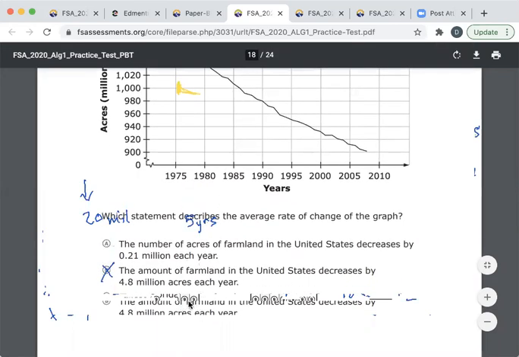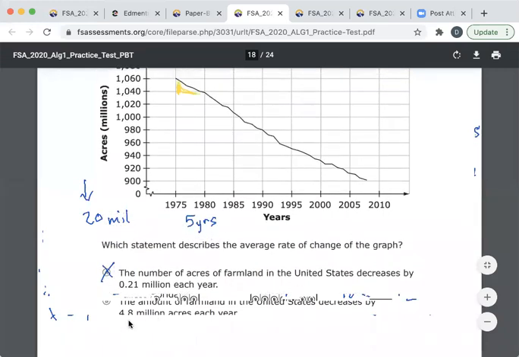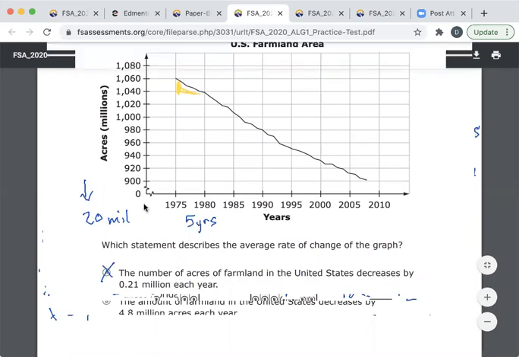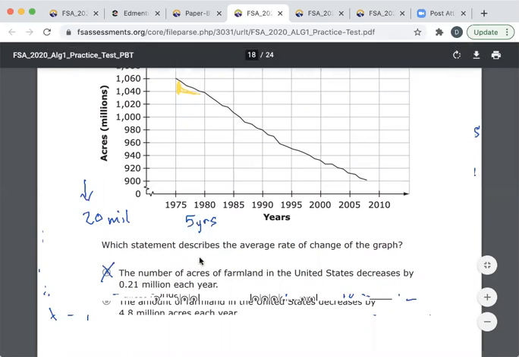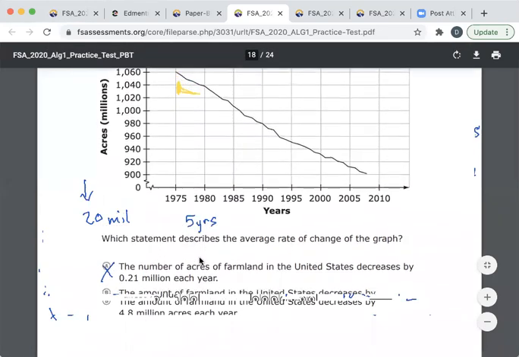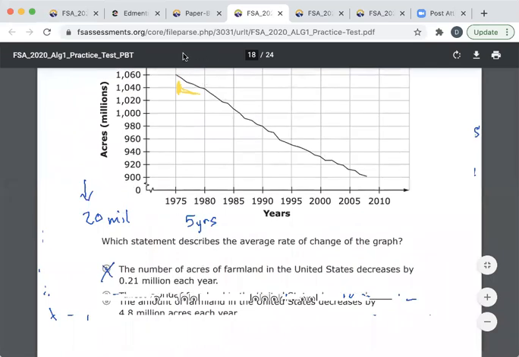The time it takes the farmland in the US to decrease by 160 acres is 33 years. Well, no, because this is acres in millions, not just acres. So the answer is not C. And my drawing gets all messed up when I scroll.